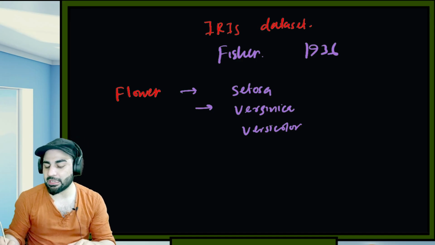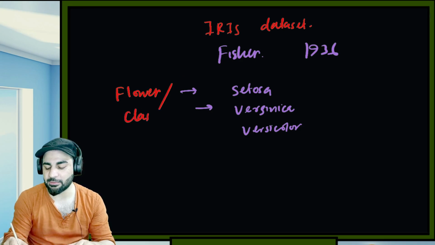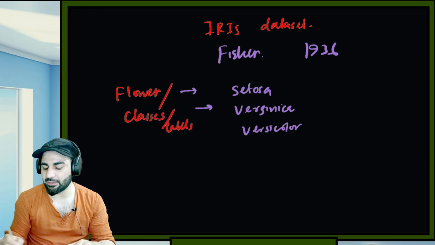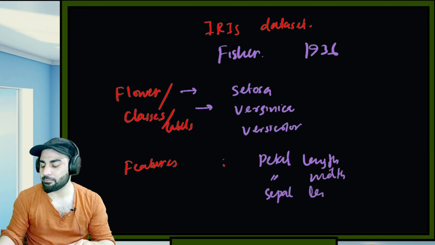And there are features also. These flowers are the classes, or I'll call them labels. And there are the features. What are the features? Features are petal length, petal width, sepal length, and sepal width.